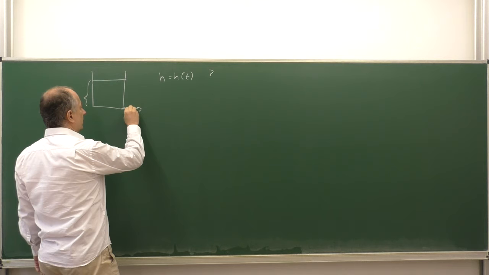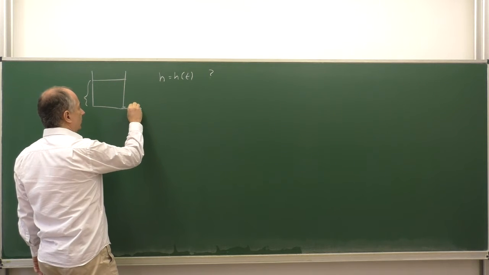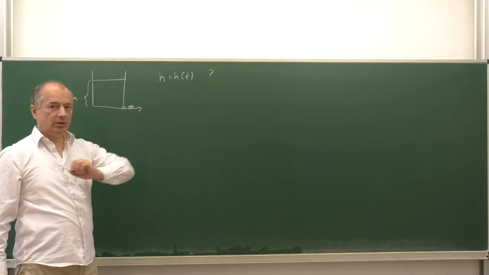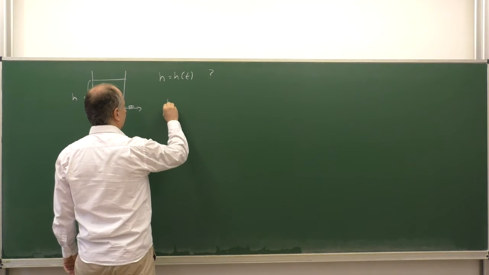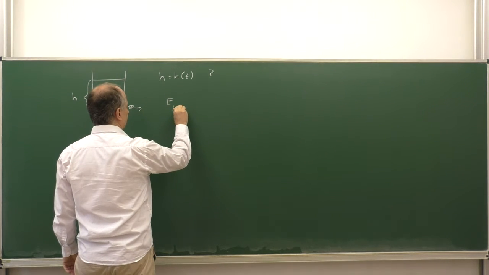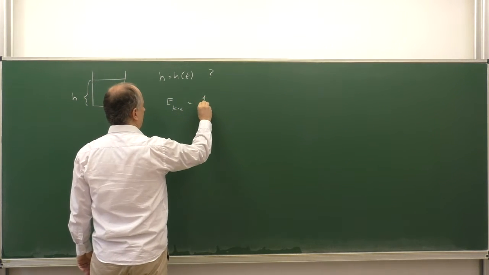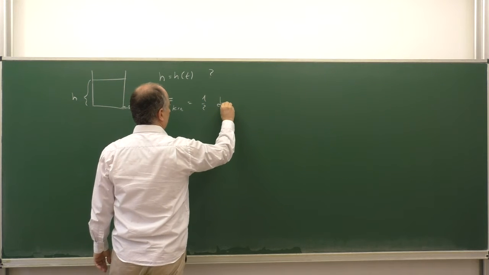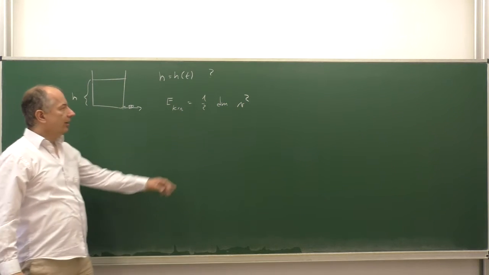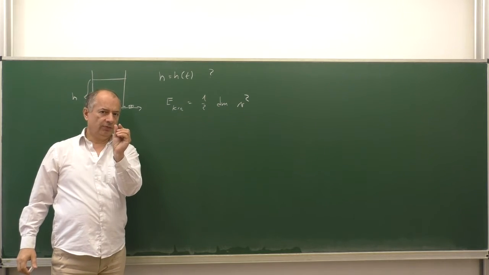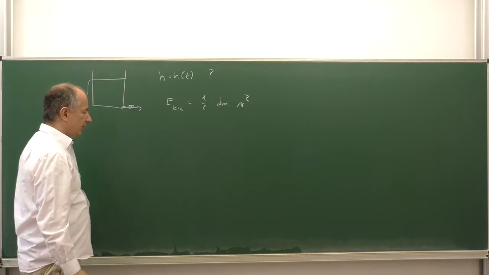So if we consider a small element of water, a small droplet of water flowing out, then the kinetic energy is 1/2 dm v squared. I write d because we consider just a very small amount of water, very small mass.